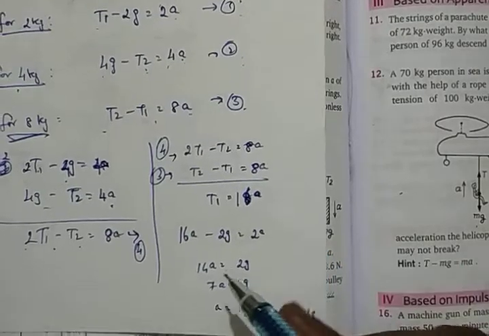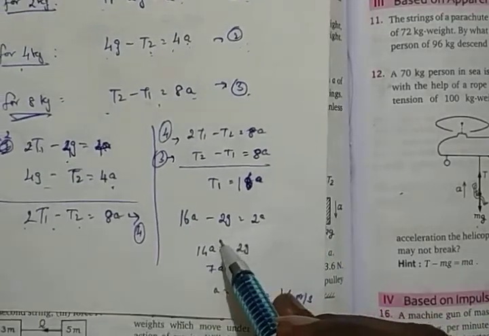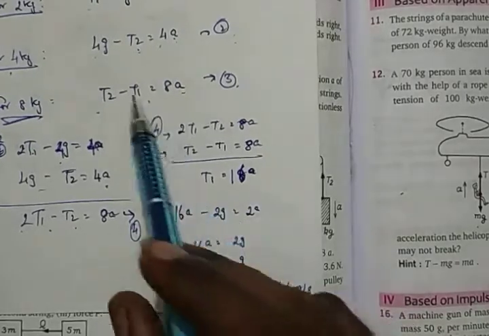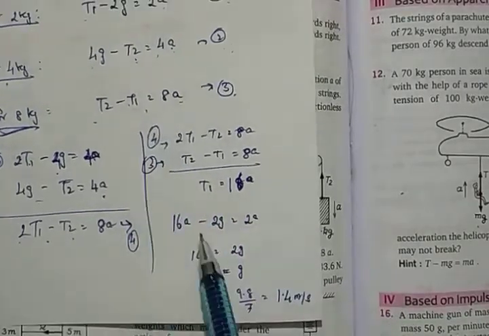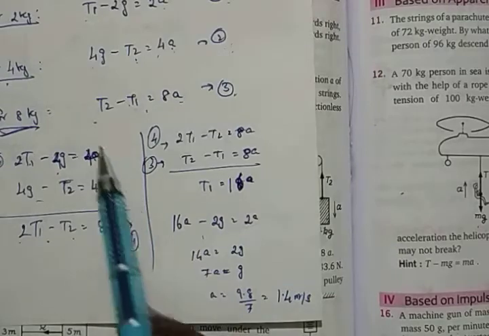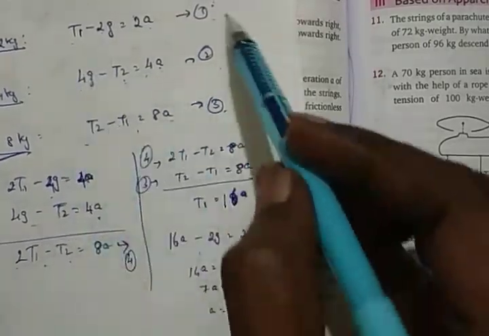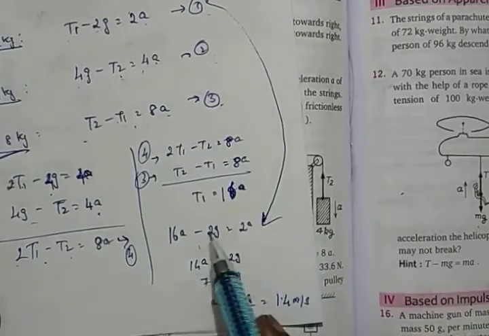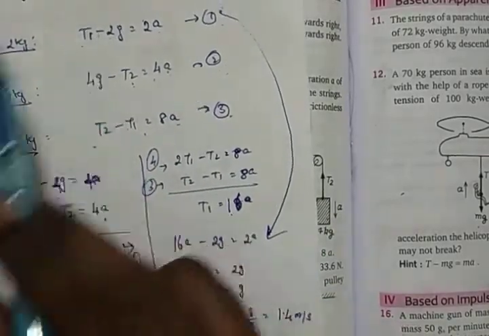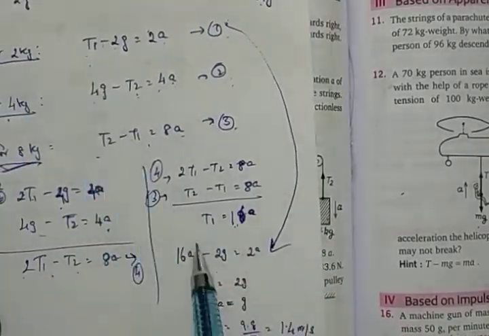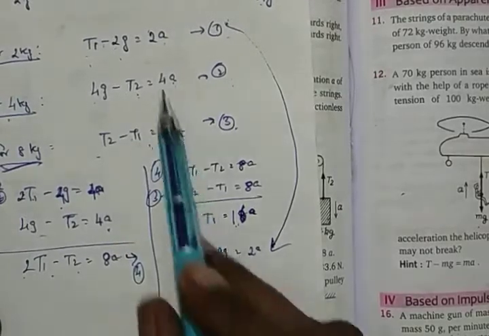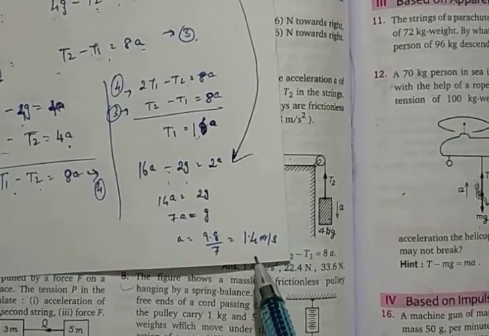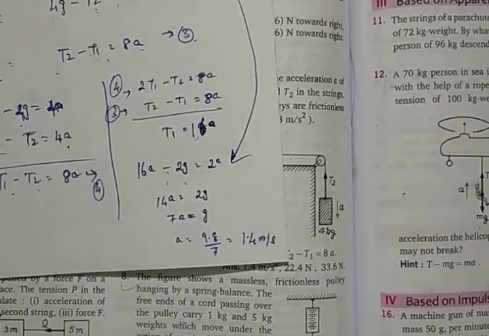T1 you will get is 16a, and then putting T1 in any one of the equations, maybe even this equation, putting this in equation number 1, you will get 16a minus 2g is equal to 2a, and you will get acceleration as 1.4. Once you have a as 1.4, you will be able to solve.